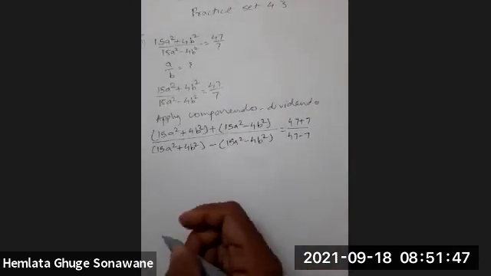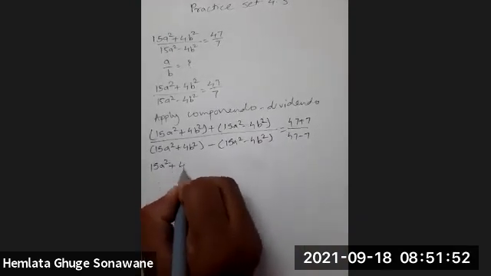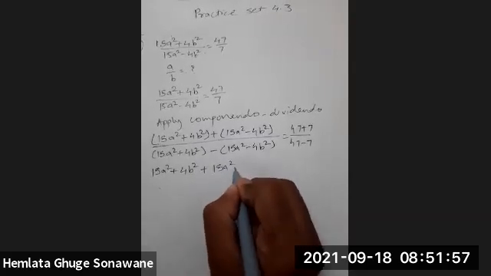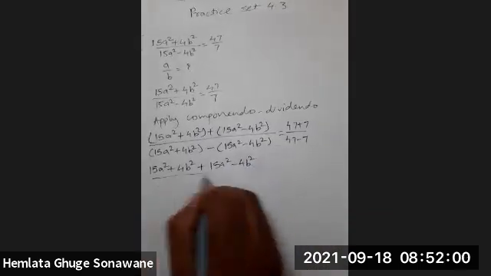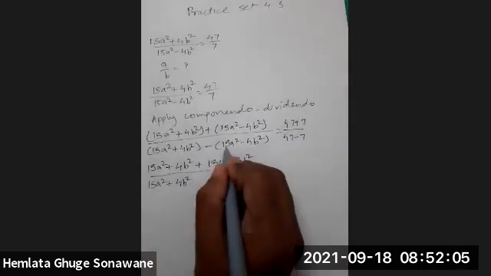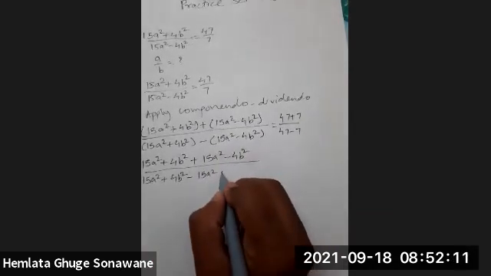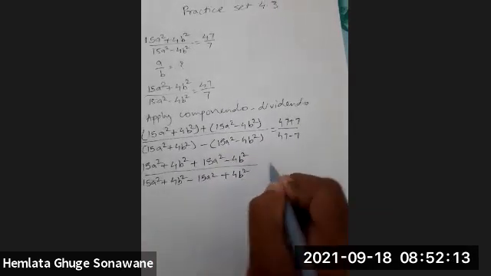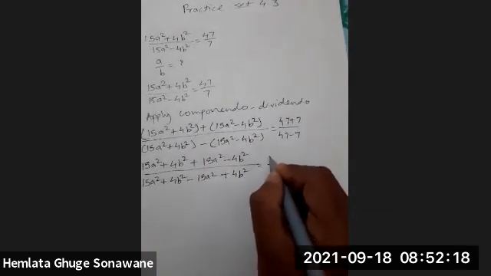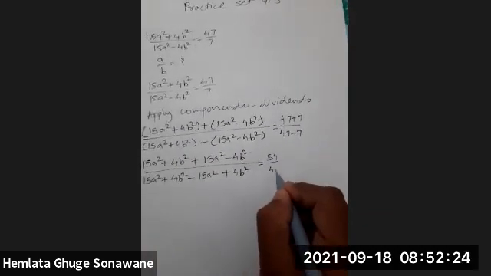Now we have to simplify this. So it becomes 15a square plus 4b square plus 15a square minus 4b square upon 15a square plus 4b square minus 15a square, this minus minus becomes plus, so plus 4b square. Now 47 plus 7 becomes 54 and 47 minus 7 is 40.